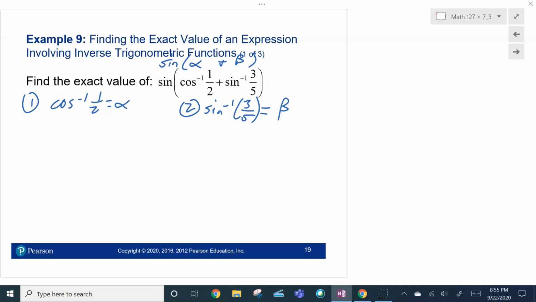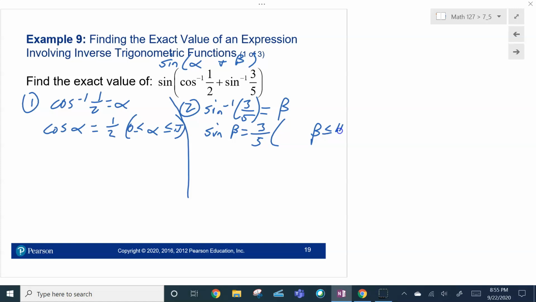Well, if the arc cosine of a half equals alpha, that means the cosine of alpha is a half, where alpha, because this is the arc cosine, is between 0 and pi. And then over here, the arc sine of 3/5 is beta, which means the sine of beta is 3/5, where beta is between negative pi halves and pi halves.